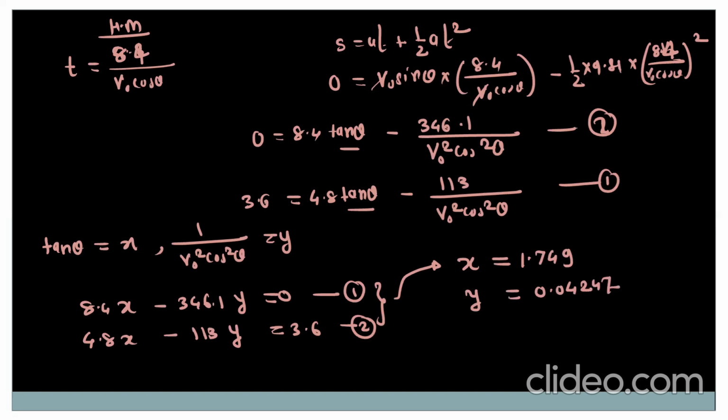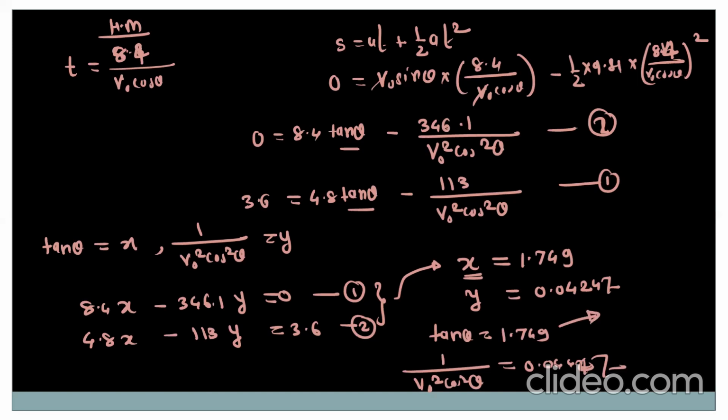Okay. So what is basically x? So x is equal to tan theta. So tan theta is equal to 1.749 and y is equal to 1 upon V naught square cos square theta and that is equal to 0.04247. Okay. So from these two equations, try to get the value of theta and V naught.